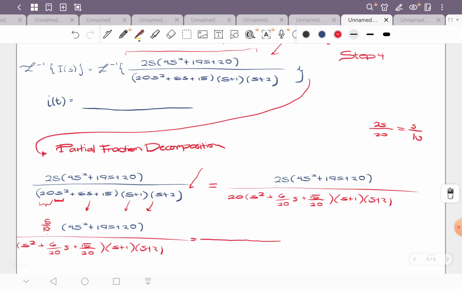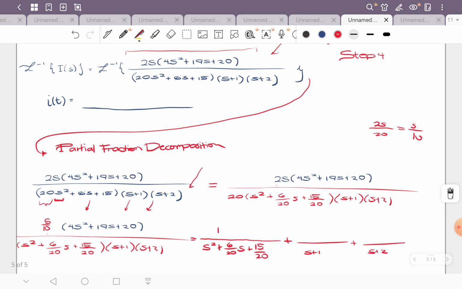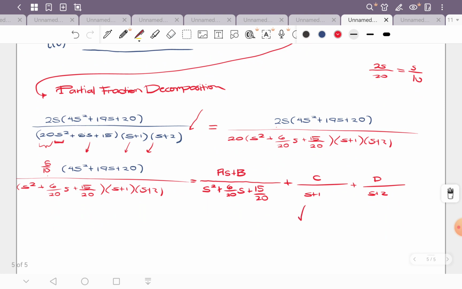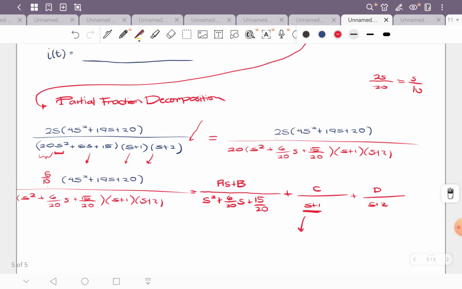We have three factors. In the denominator, we have first s squared plus 6 over 20 s plus 15 over 20, then s plus 1, and s plus 2. For the numerator, we have as plus b, then c and d. Last time, our previous examples involved only terms like s plus 1, s plus 2. Now, instead of a, for the numerator we have as plus b.